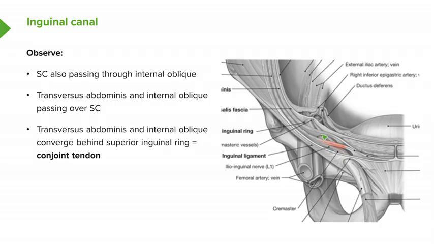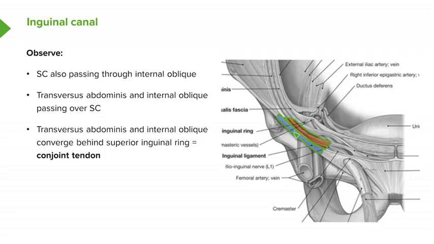If we look anterior to the spermatic cord, which contains the tail of the testes with vas deferens and various blood vessels within it, we can see that anterior to it we have external oblique aponeurosis and internal oblique muscle. So that forms the anterior wall. The floor, we said, is the inguinal ligament.